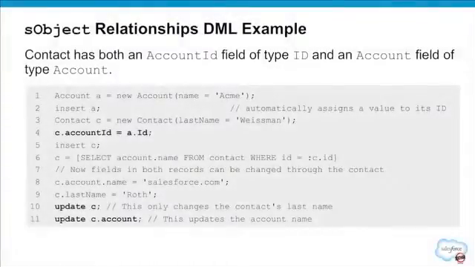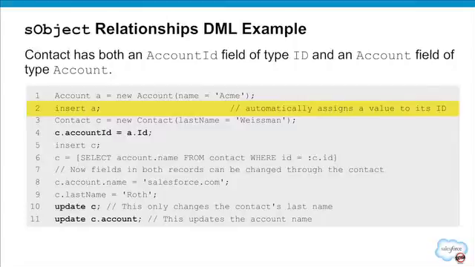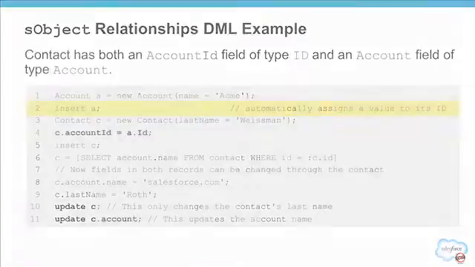So let me walk you through some code and just talk about some of the behavior that exists when we're working with DML. So here we have an account, and on line 1, we simply create a record in memory. In line 2, we're now going to insert that record into the database, so it now exists in the database.